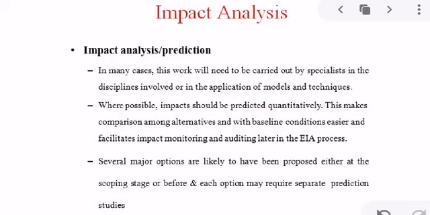Several major options are likely to have been proposed either at the scoping stage or before, and each option may require separate prediction studies. We already mentioned that. So from screening through scoping, we are doing the impact prediction or impact analysis in a way.